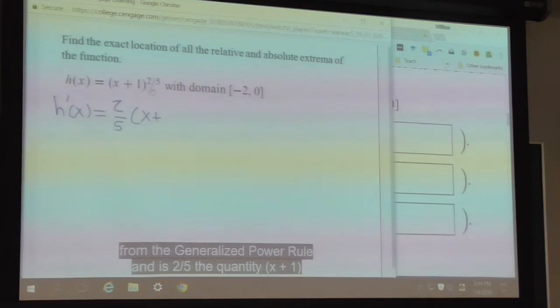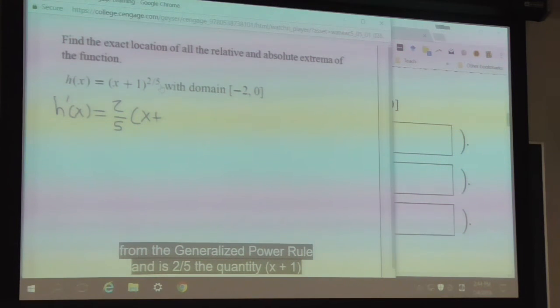So what would we do here to do the chain rule? It would be 2/5 times this to the what? You have to subtract 1 from the exponent. So what does that become? 2/5 minus 1 is what? 2 minus 5 is -3, so it's -3/5.